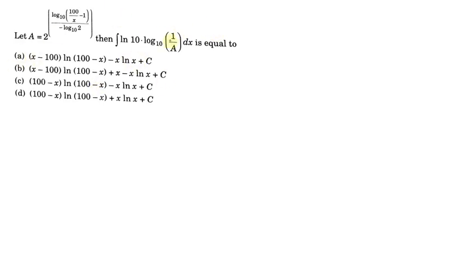A is equals to 2 power log of 100 by x minus 1 by minus log 2 base 10. Okay, bring this minus sign to the numerator, then what happens? This is minus log of 100 minus x by x base 10, by log 2 base 10.